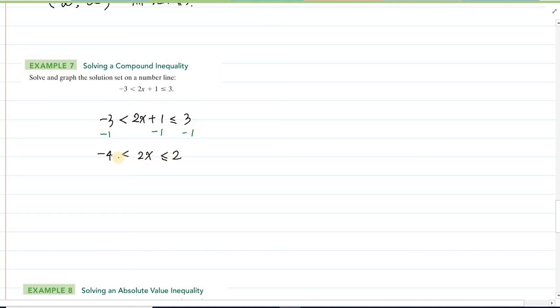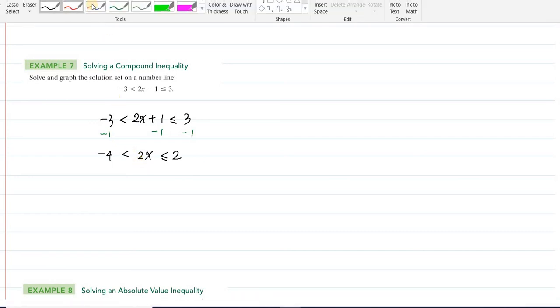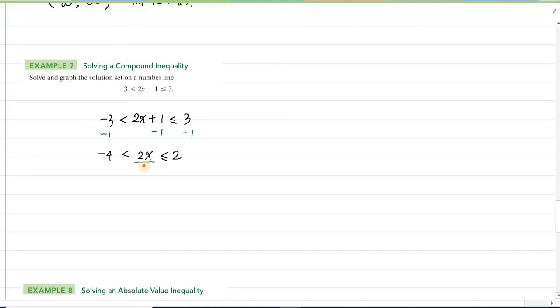So 2x is greater than negative 4 and less than or equal to 2. Here, we're going to divide every single term by 2. Remember, you're solving for x. So the 2 is going to cancel. So we're going to have x is greater than negative 2 and less than or equal to 1.